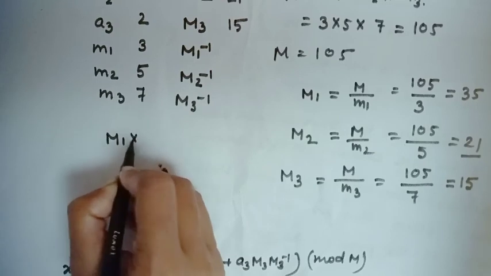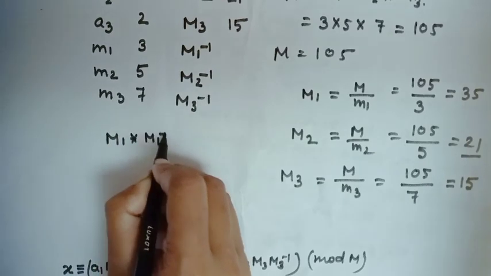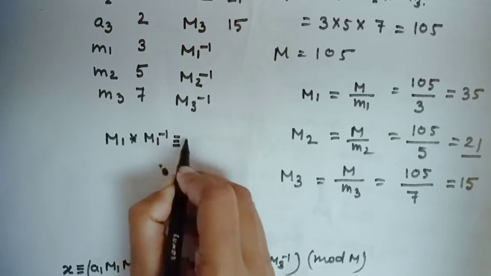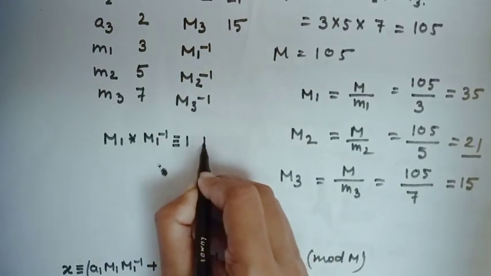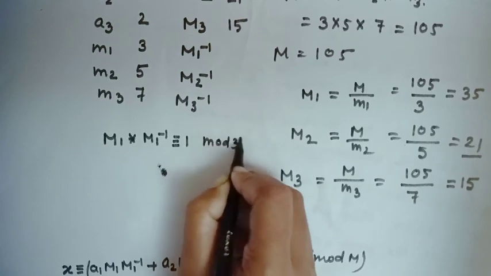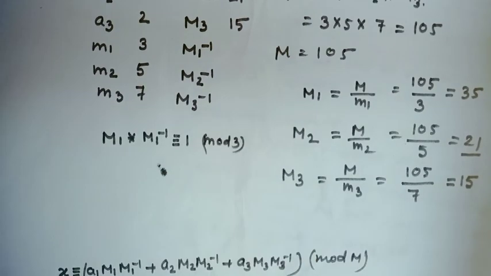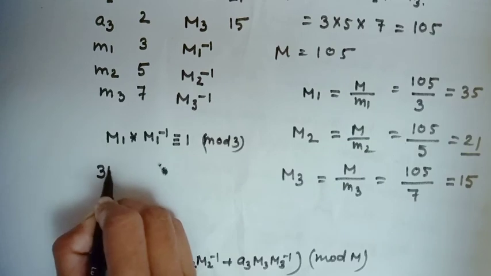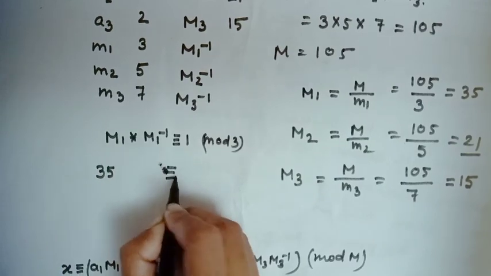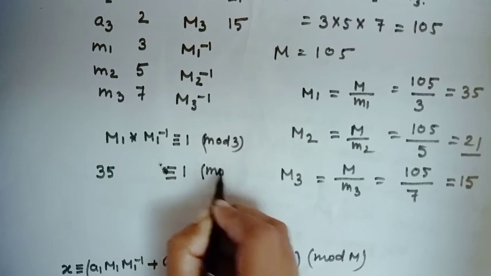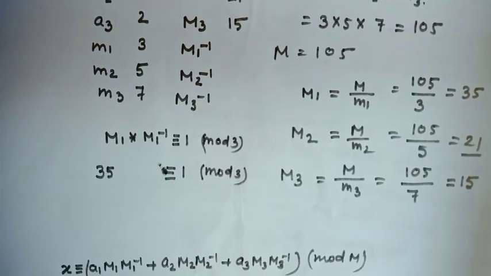M1 times M1 inverse is always congruent to 1 modulo 3. Here the value of M1 equals 35.